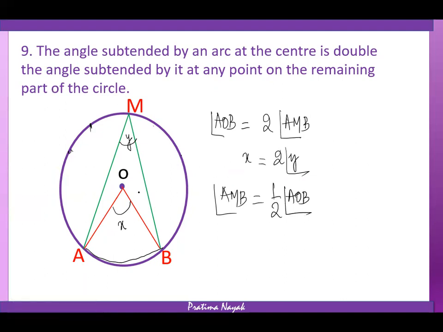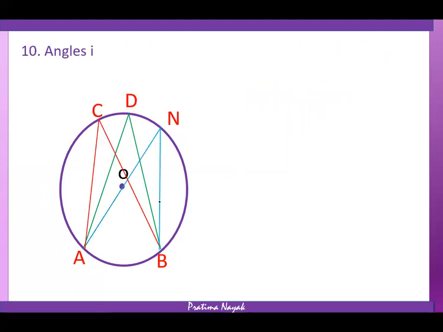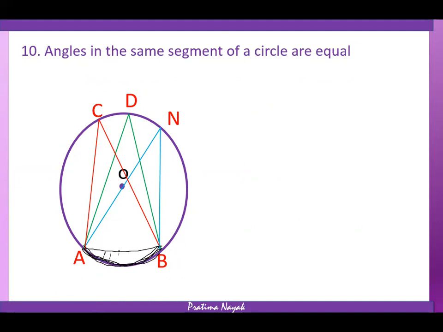because in most of the questions you will find this concept. 10. Angles in the same segment of a circle are equal. Segment means a part on any chord, on any arc. So AB I'll make a segment. Actually this is called a segment. Now in segment AB, on AB I'm getting angle ANB. On AB I'm getting ADB.